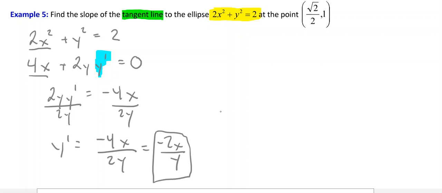So there is our derivative. The slope of the tangent line is given by this expression, that function, that is the derivative.